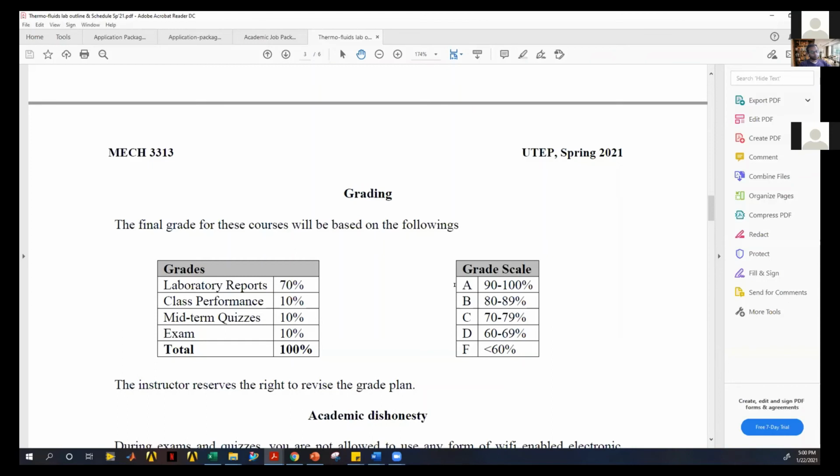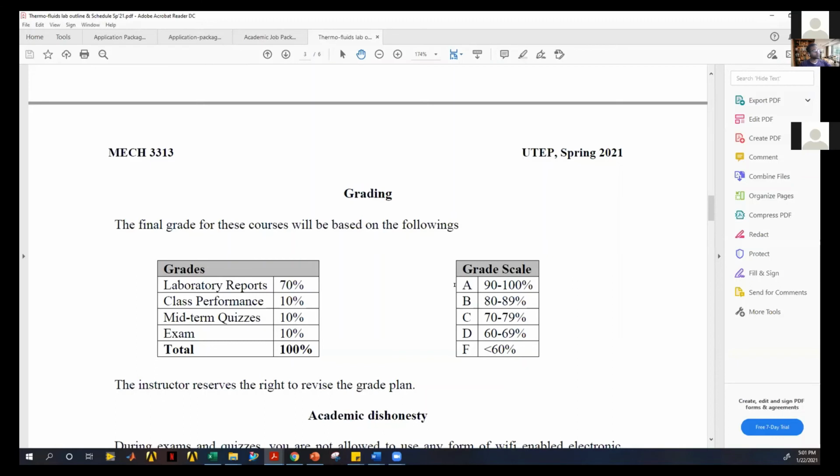However, I'm going to upload a lot of videos and a lot of experiment demonstrations. What you have to do from your end is be extra vigilant. Always keep a lookout in Blackboard to see if anything new is uploaded or if any new announcement is posted. Sometimes the announcement goes in your spam folder, so just make sure that doesn't happen and you're always aware of what's going on.